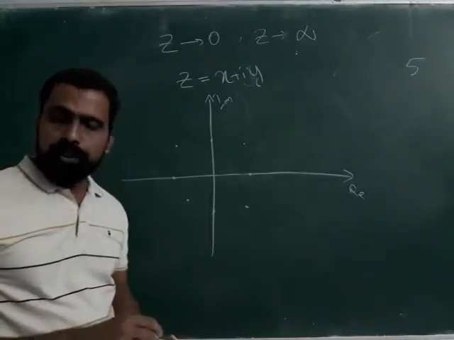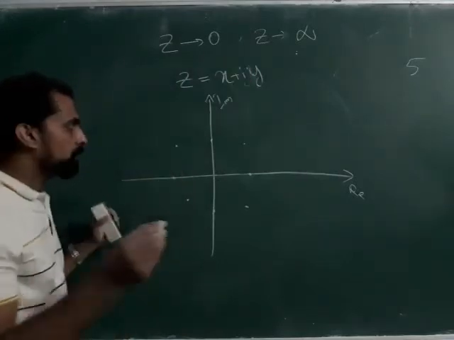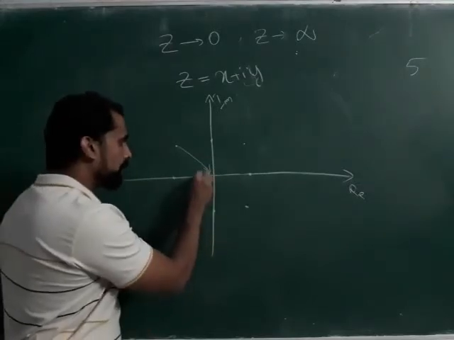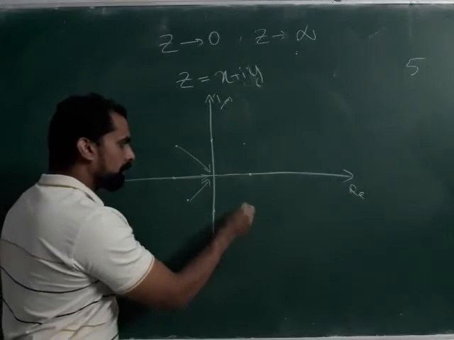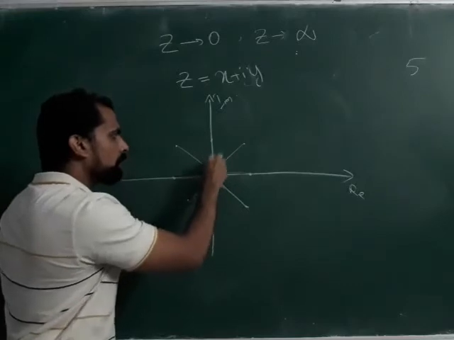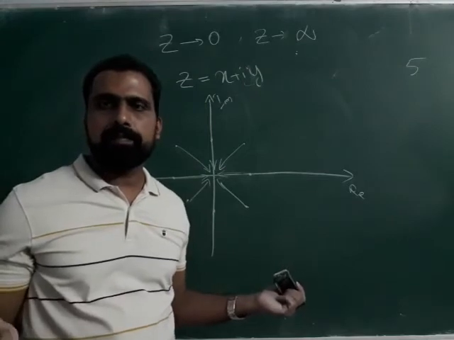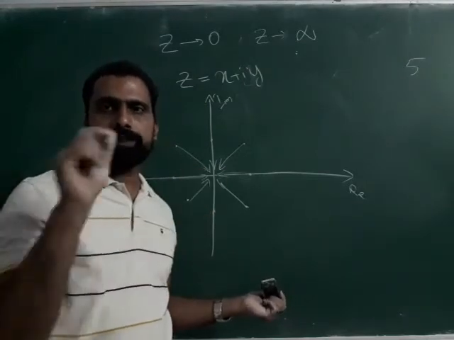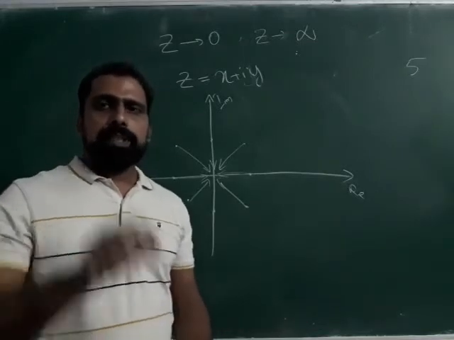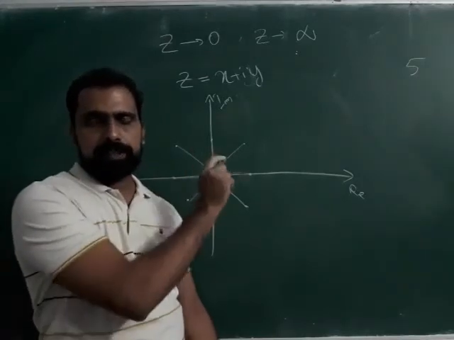So now you are giving the limit z tending to 0. This z tending to 0, it may be like this, maybe like this, maybe like this, or it may be like this way, or this way, or there are infinite number of possibilities, because for each x and y value you have a specific point on this complex plane.